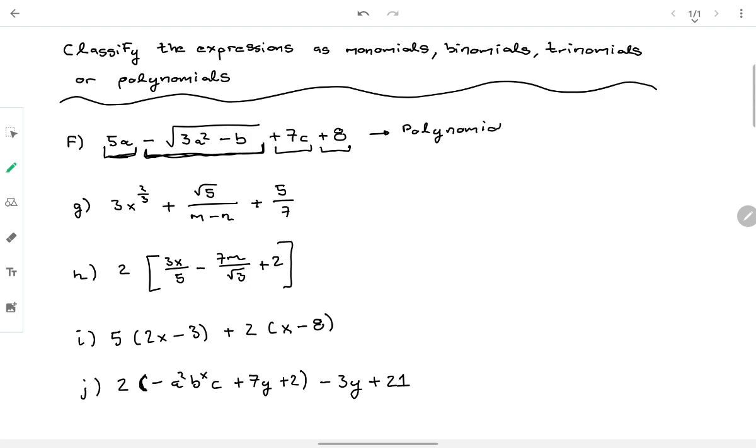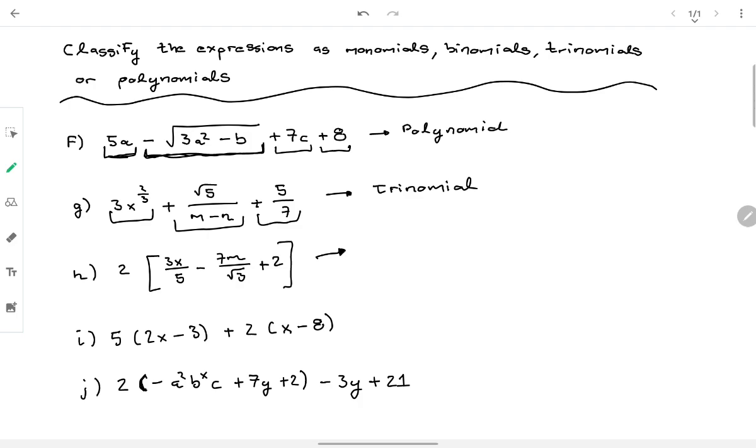In the next one, we have this specific term, this specific term, and this one. So it's very easy. We have three of them, so it will be a trinomial. The next one can get a little tricky because maybe we see only the inside of the bracket.